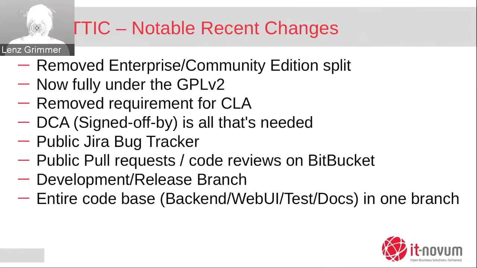So if a new developer works on a new feature, the development branch is the one that he uses for his own development branch and fork to work on. And we have set up a Jenkins instance that performs automated tests on the code base, and only if all of these tests pass, a merge from development into the release branch takes place. We also merged the code base.